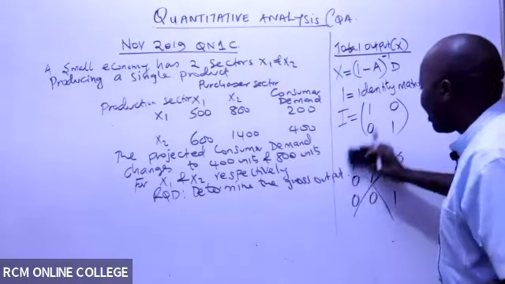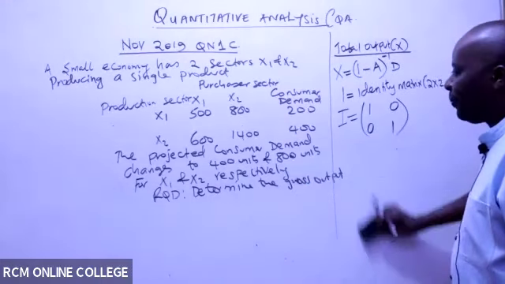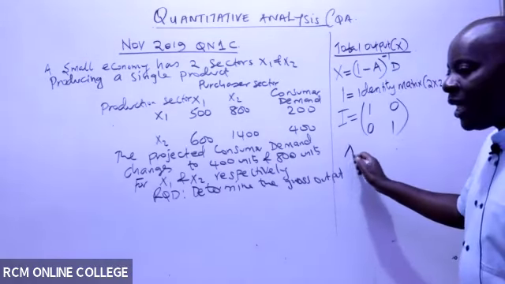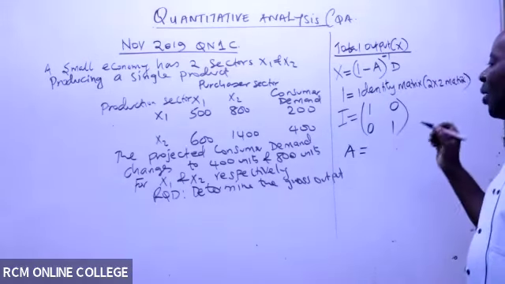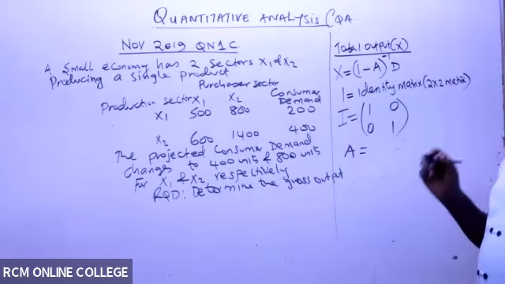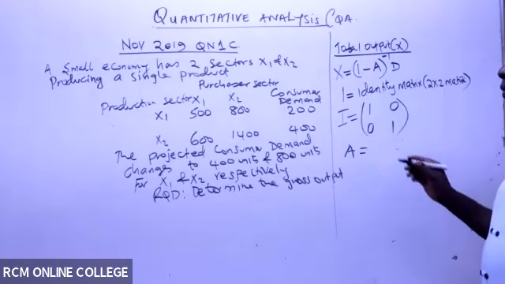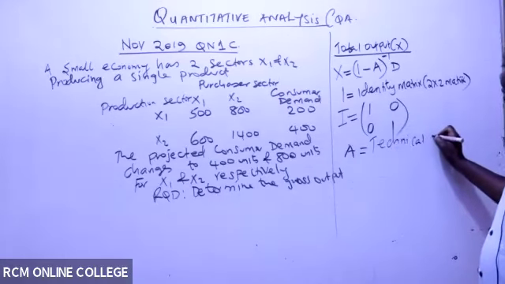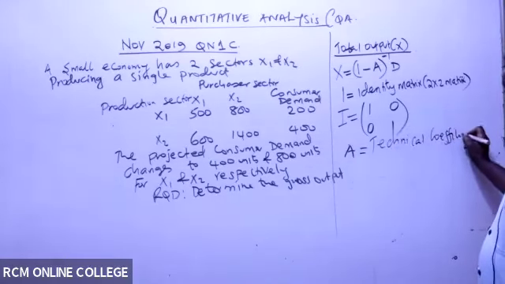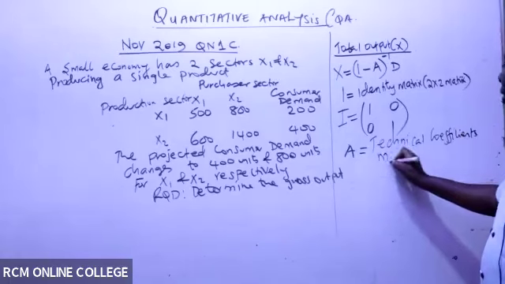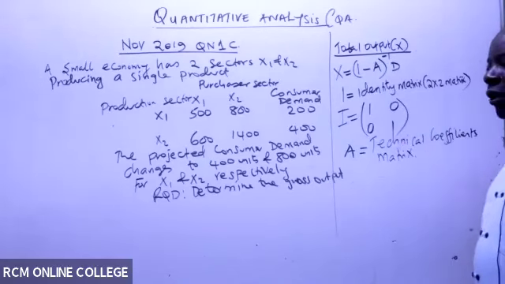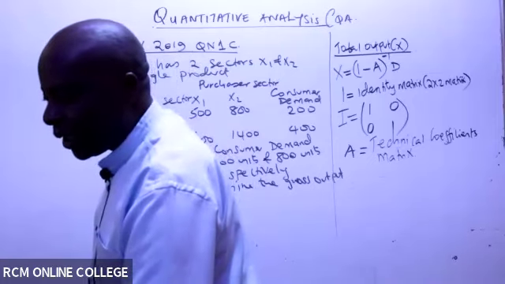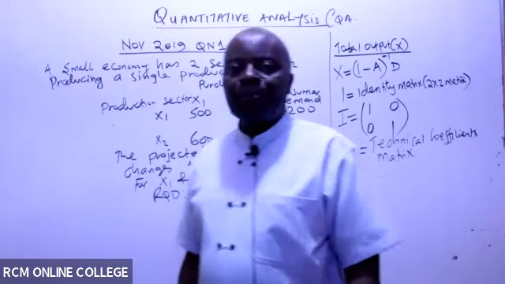That is the identity matrix. And then, ladies and gentlemen, we have our A. Our A, in this case, is our technological or technical coefficients matrix.